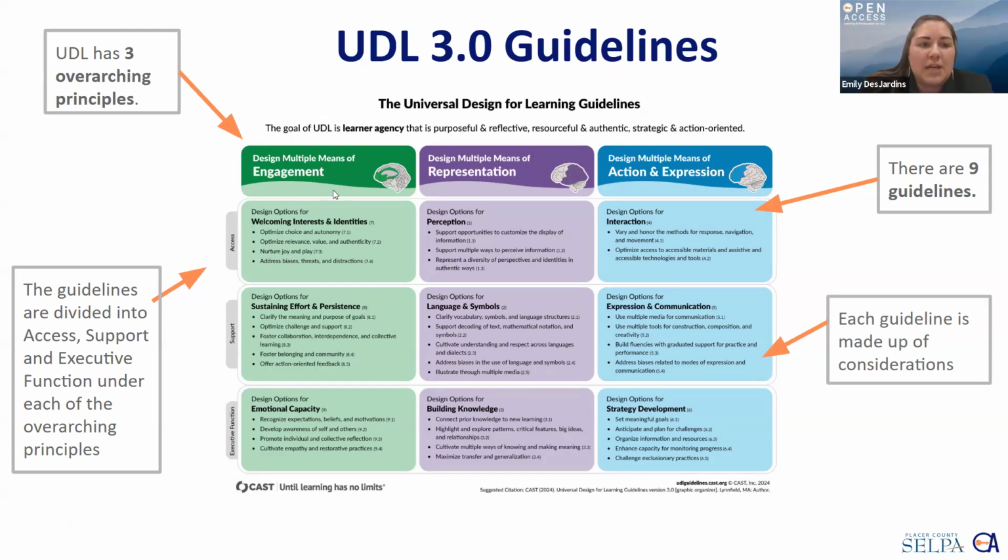For example, I always like to highlight this one. Under the engagement strand, if you look at the second one, it says design options for sustaining effort and persistence. And so if you happen to have a student in your class that you're like, oh my gosh, we have no effort and persistence, it is not working. Underneath it, you're going to see a specific list of strategies that are based in neuroscience and are specific ways that we as humans are going to be able to sustain effort and persistence.